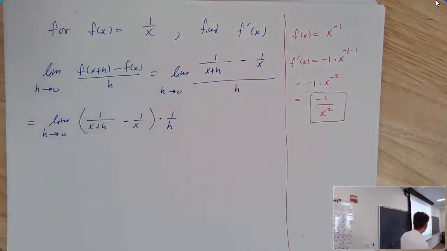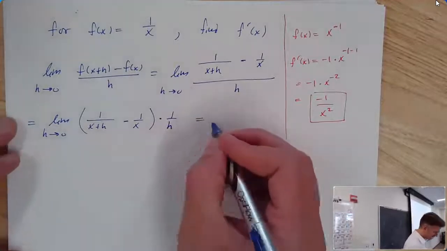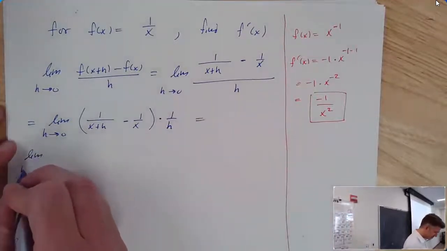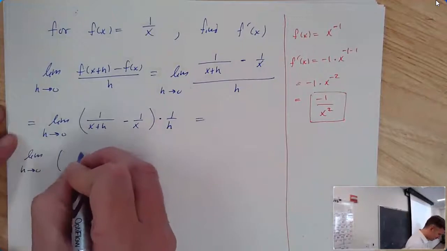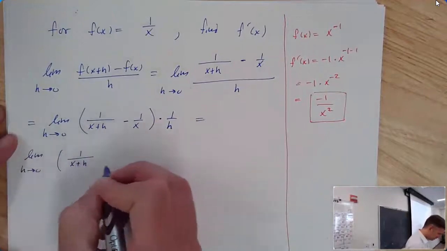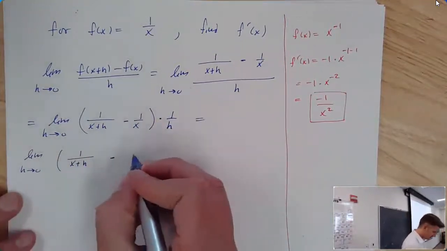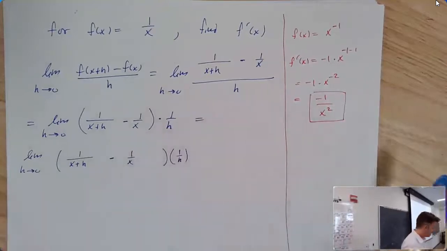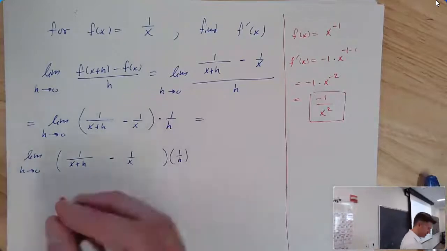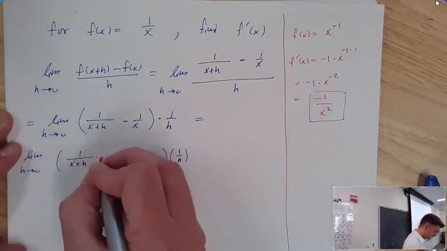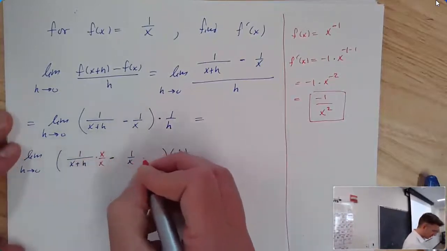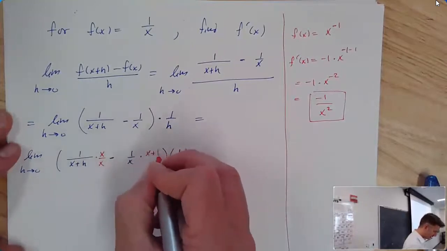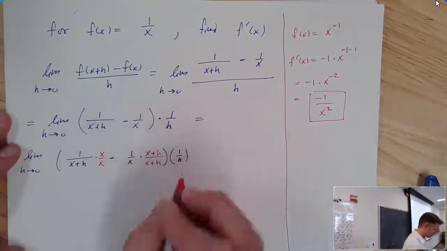All right, so if I want to subtract these fractions, I need the common denominator. I need to multiply 1 over x plus h by x over x, and 1 over x by x plus h over x plus h.